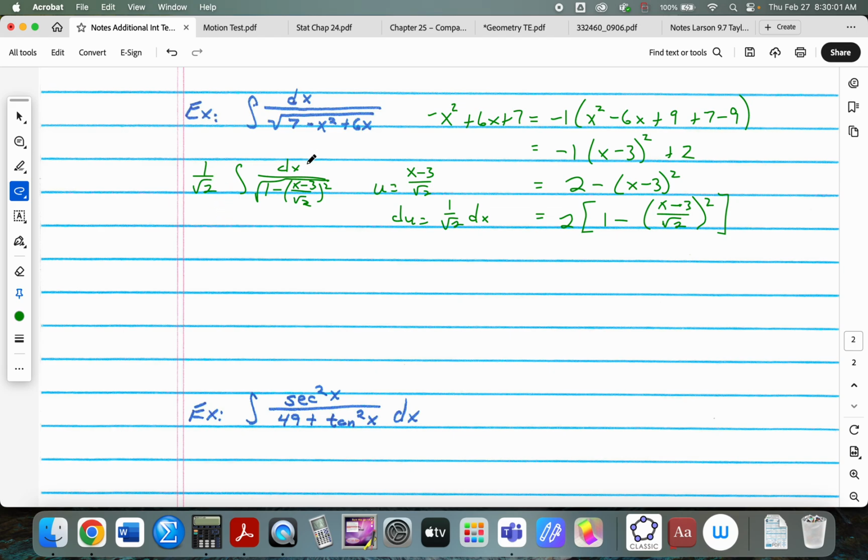So the 1 over the square root of 2 dx all becomes just du. And this is the square root of 1 minus u squared. So that's going to be the arc sine of u, which is x minus 3 over the square root of 2, plus c.